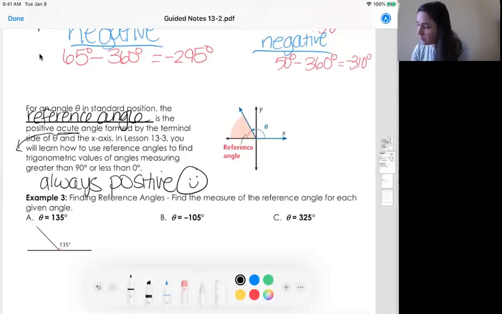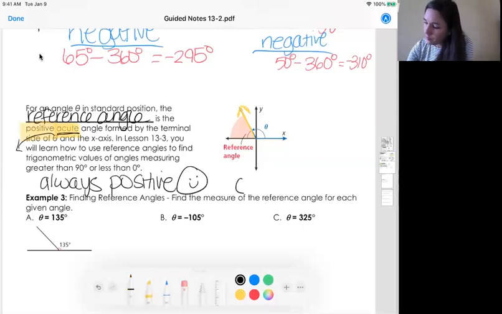All right, so let's highlight. It's an acute angle. It's positive. It's formed by the terminal side of our angle. So we talked all about those terminal sides. In this specific sketch, the terminal side will be this yellow side, and the reference angle is the acute angle formed.